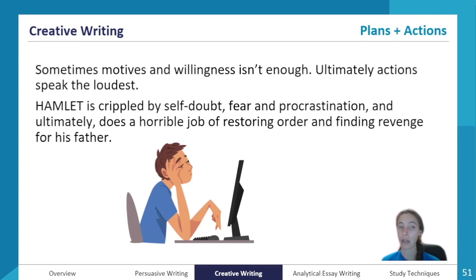In terms of Hamlet, he's crippled by self-doubt, fear, and procrastination, and ultimately he does a horrible job of restoring order and finding revenge for his father. So while he had that motivation and that willingness, he didn't really go through with it. And so these are the three things that you should be thinking about when it comes to your characters.